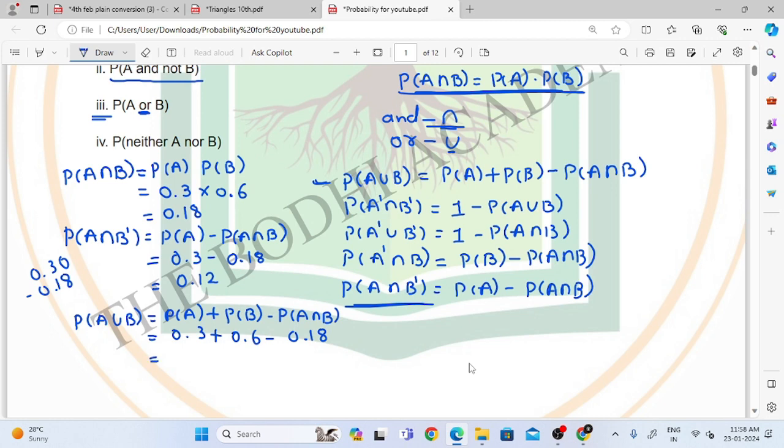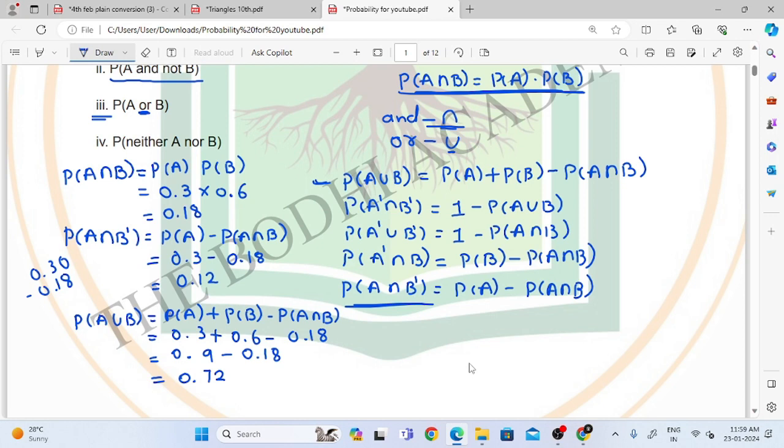So 0.3 plus 0.6 is 0.9 minus 0.18. For simplicity you can take 90 minus 18, so you'll get 0.72.